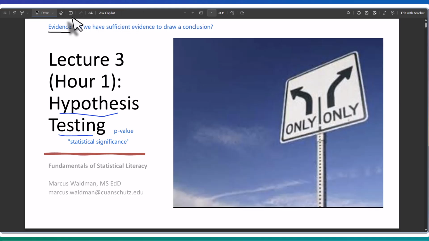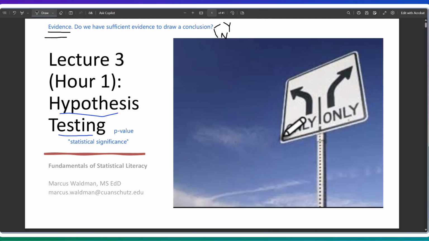We want to come up with a conclusion that takes this inherently gray situation. Evidence is an inherently gray, non-black and white issue, and we want to come up with a conclusion that is either yes, we do have sufficient evidence, or no, we do not have sufficient evidence.